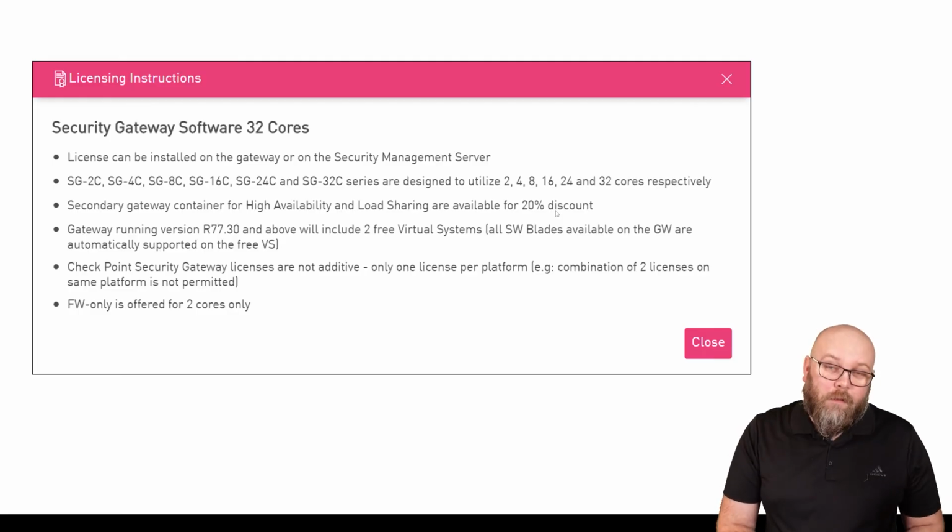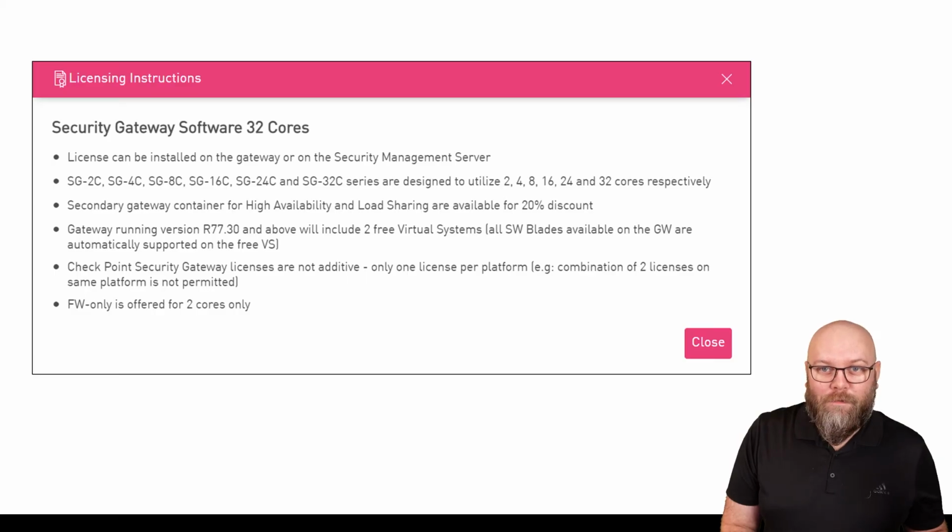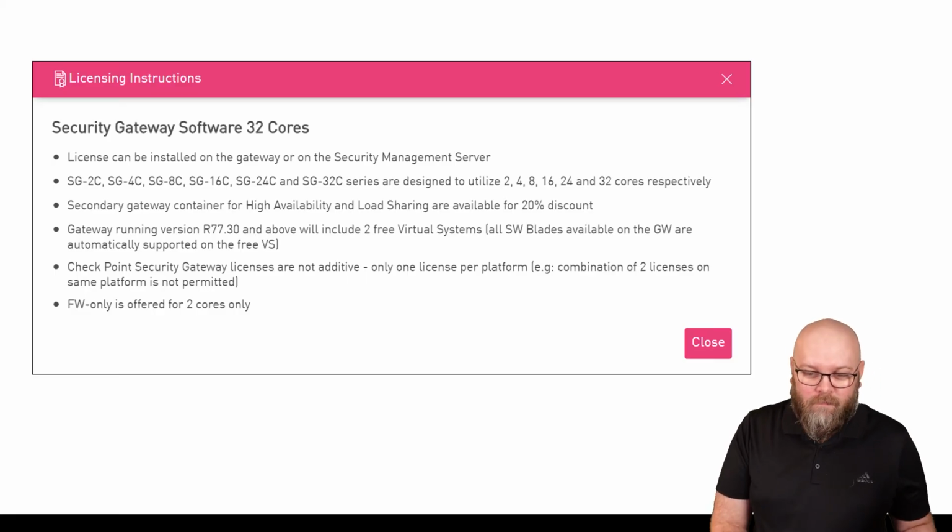So if you, for example, run VSX with VSLS, and let's say you have 4 nodes, the 3 additional nodes after the first one are 20% cheaper, even though you run full production traffic on this one. So there are benefits of using this sort of licenses.